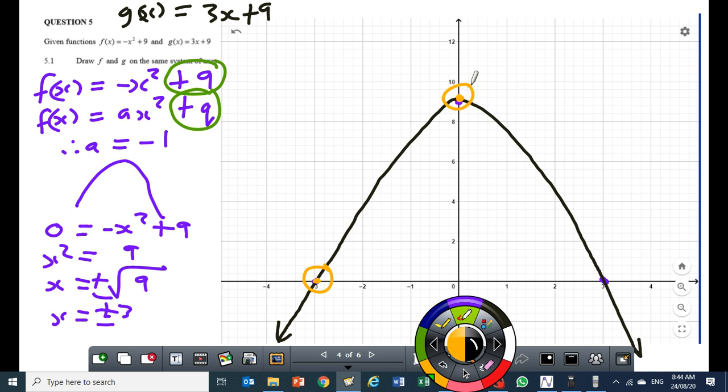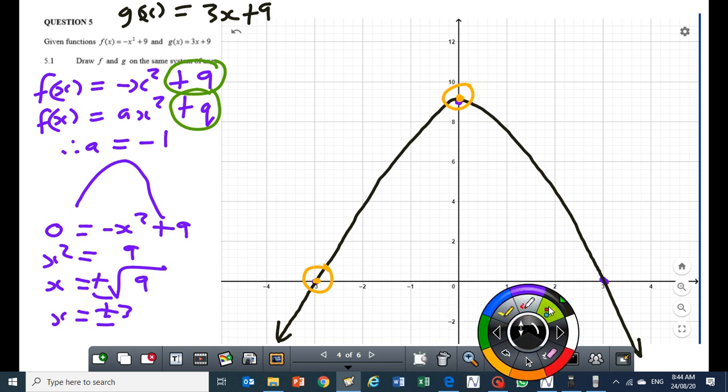Then you take a ruler. Fortunately I've got a ruler here. Whenever you enter the examination, make sure you've got a ruler. So you sketch. You must have something like that.